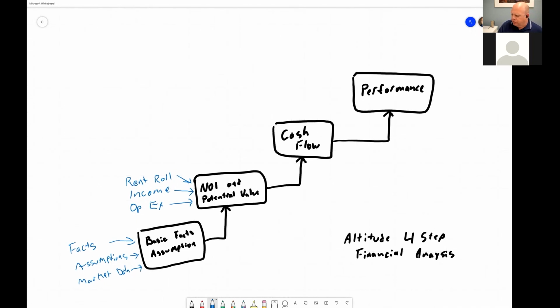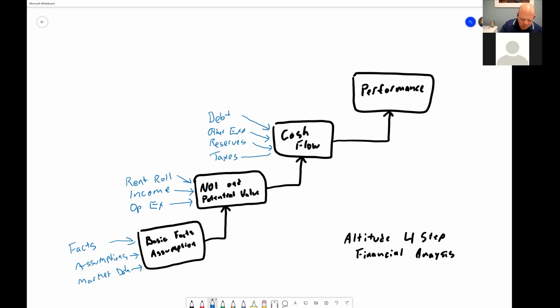Under cash flow, we have things like debt. We have capital expenses. Actually, I think I'm going to call them other expenses. We have reserves. And interestingly, we have taxes.